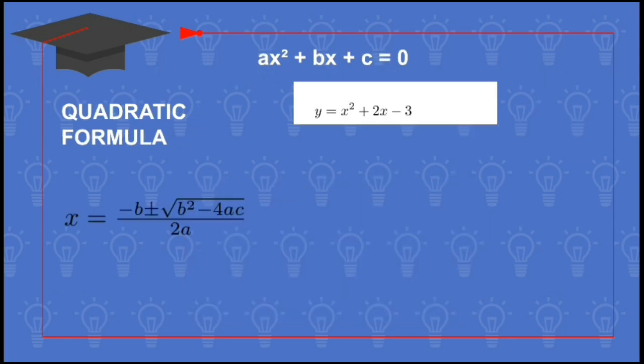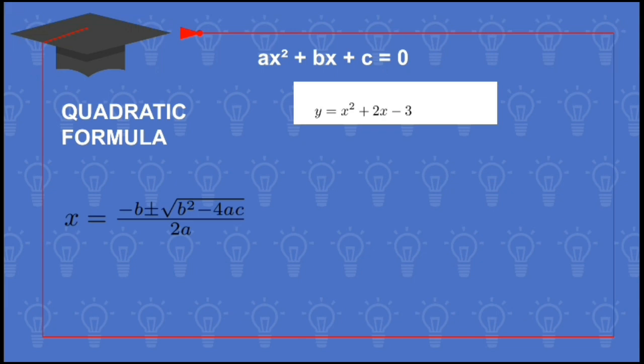The third method is by using the quadratic formula. The quadratic formula uses the a, b, and c from ax squared plus bx plus c, where a, b, and c are not just numbers, they are the numerical coefficients of the quadratic equation.